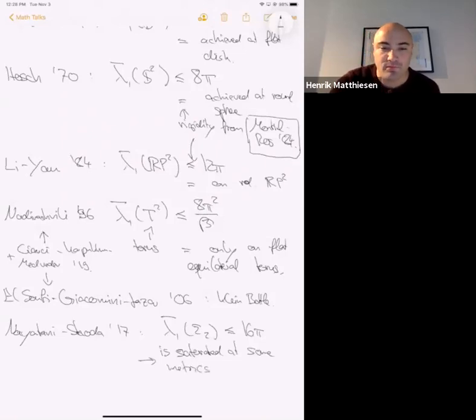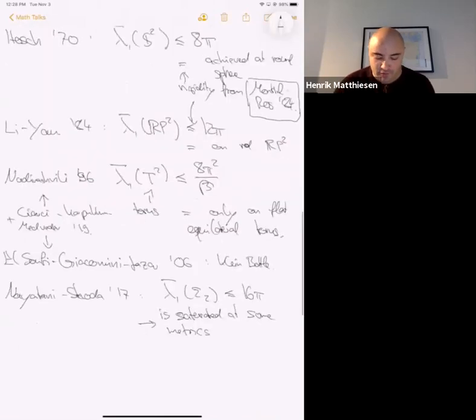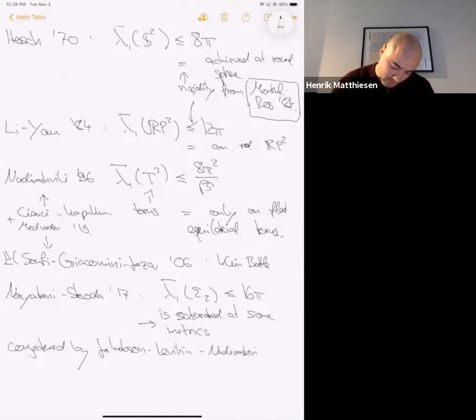So the bound is, oh yeah, I've seen the question, just give me a second. They just proved that there was a family of metrics that was conjectured to achieve 16 pi. This was conjectured by a bunch of people: Jakobson, Levitin, Nadirashvili, Nigam, and Polterovich.